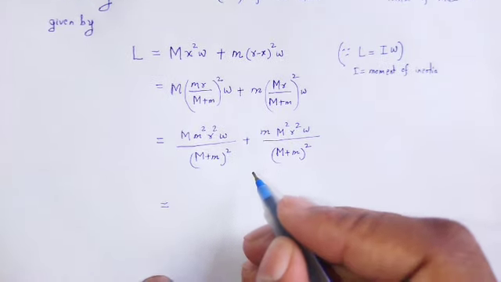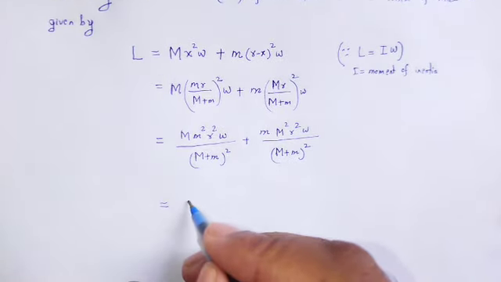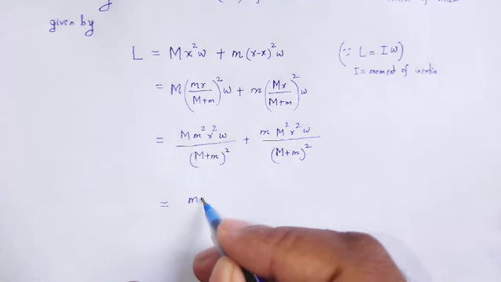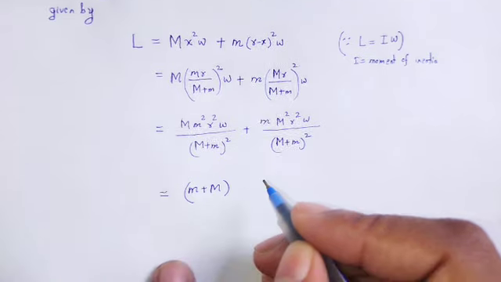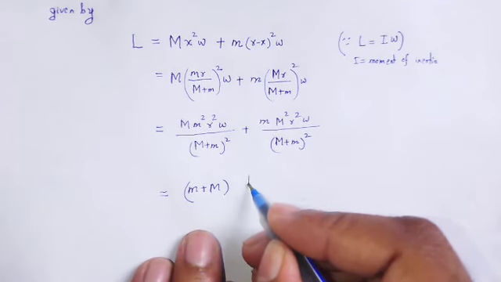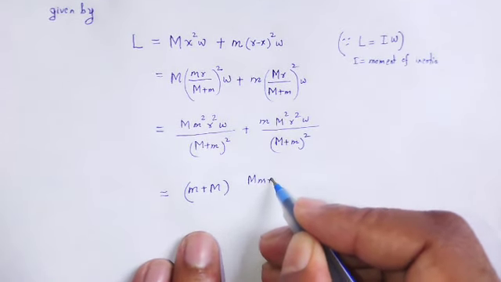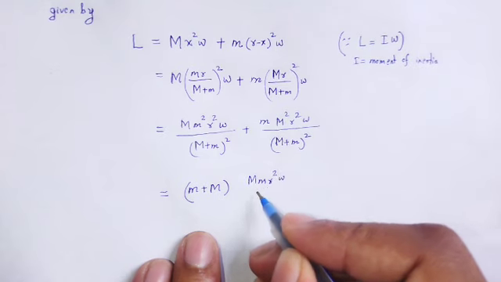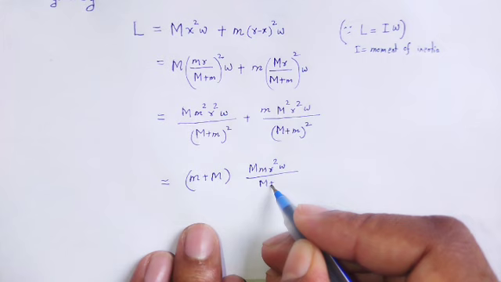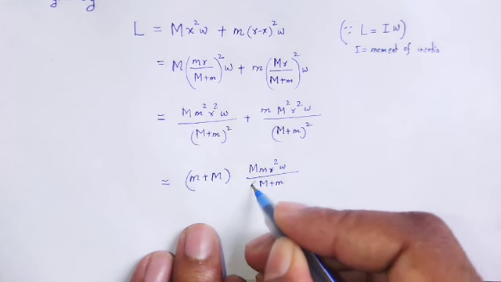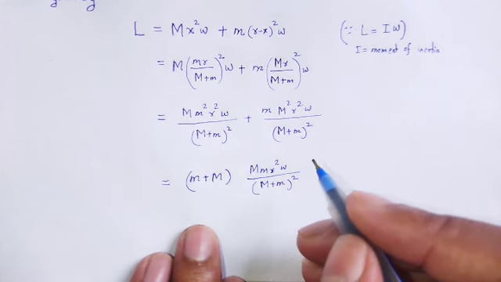Now we take common the term small m plus capital M. We have M m r square omega divided by M plus m whole square.